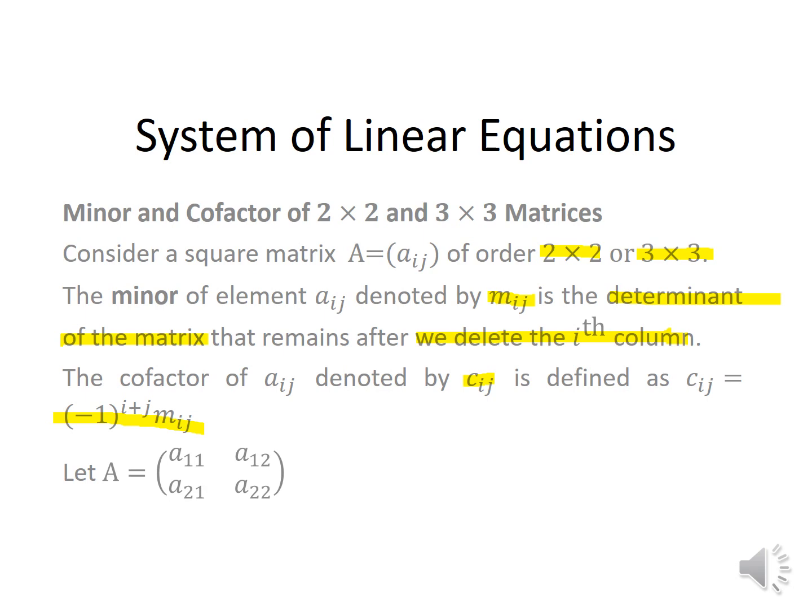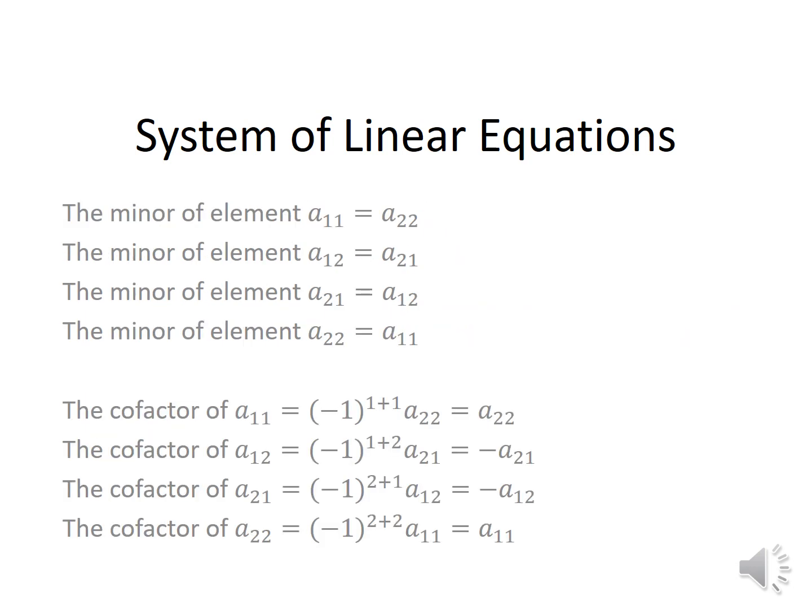And you look at the example. Let's say we have matrix A. The size of this matrix is 2 by 2. The minor of element A11 is A22.